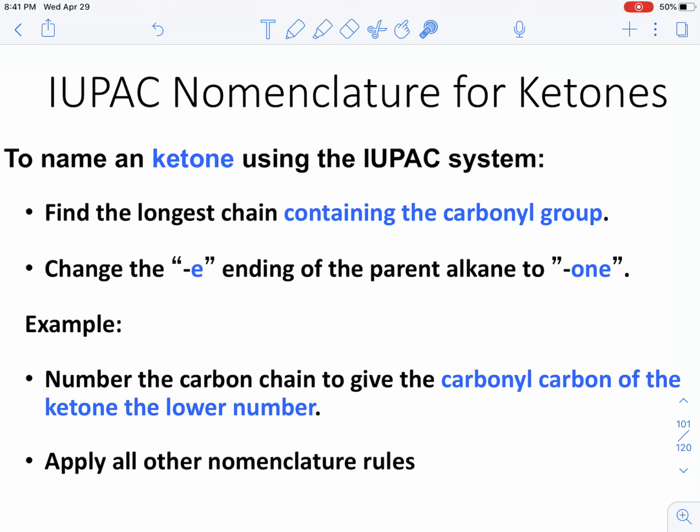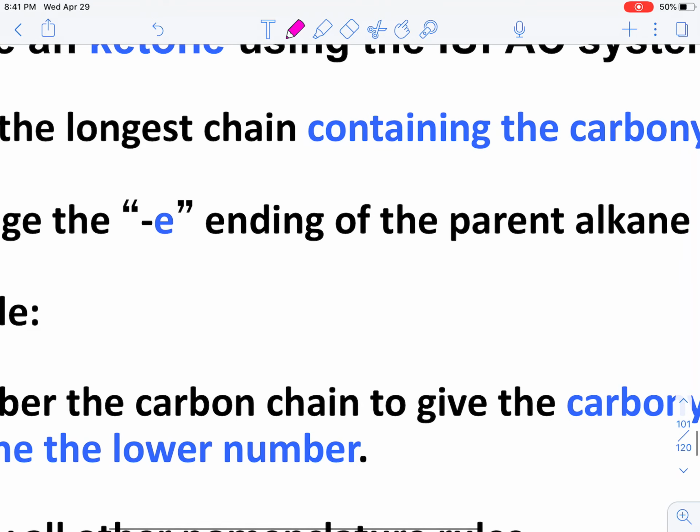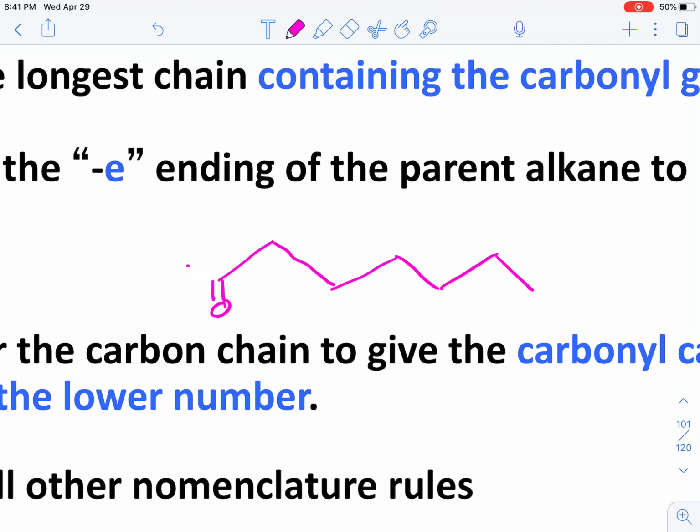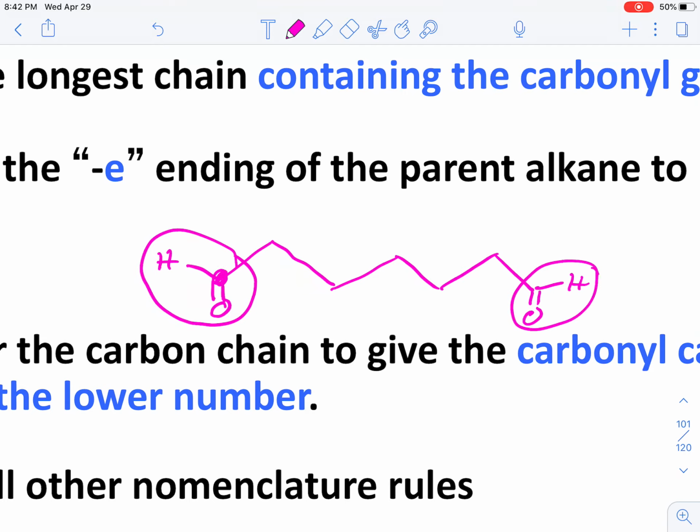And since ketones can only be found somewhere in the middle of an organic compound, we need to communicate to the reader what carbon number that carbonyl carbon is on. If you recall from the previous lecture video, our aldehydes are found on the terminal ends of an organic compound. Since the carbonyl carbon is at the end of this organic compound, we know that that carbonyl carbon is always going to be carbon number 1.